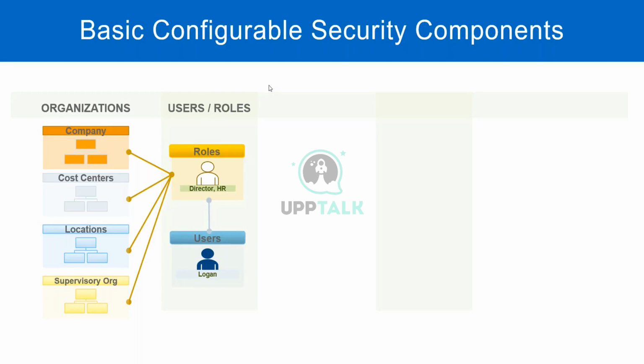Can you tell me what the other options are for that inheritance? We have three other options. The first one applies to the current organization only. So no inheritance. If you say current organization only, that means no inheritance.